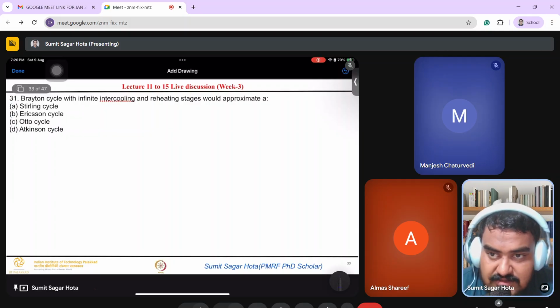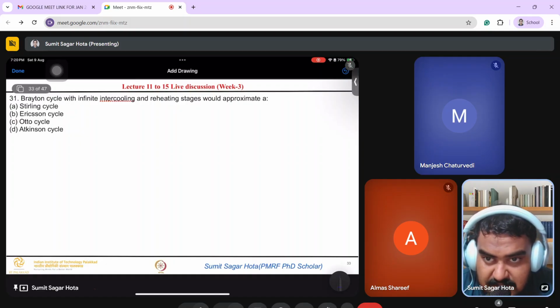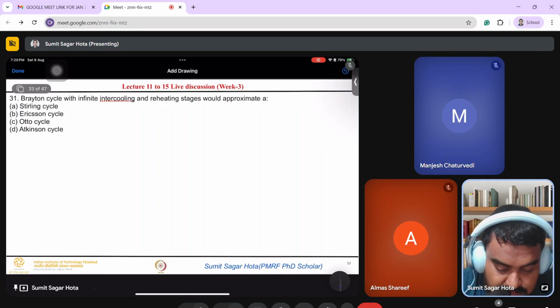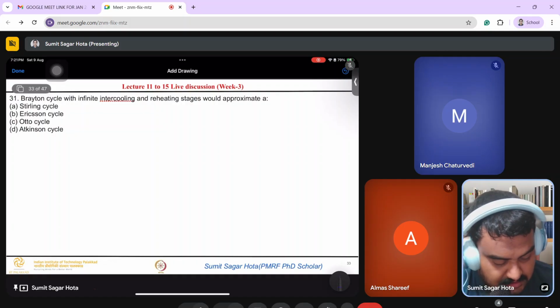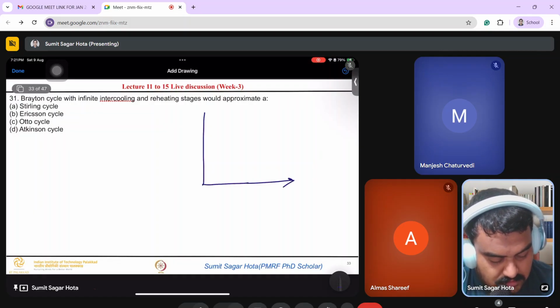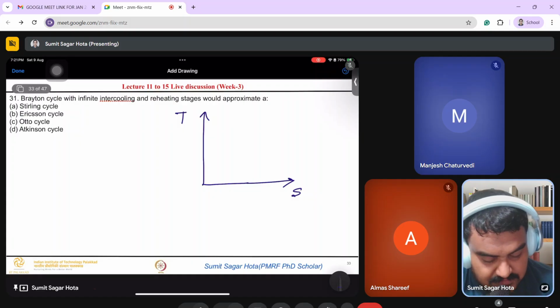The Brayton cycle with infinite intercooling and reheating stages would approximate a dash. So let's draw a typical Brayton cycle in the T-S diagram.